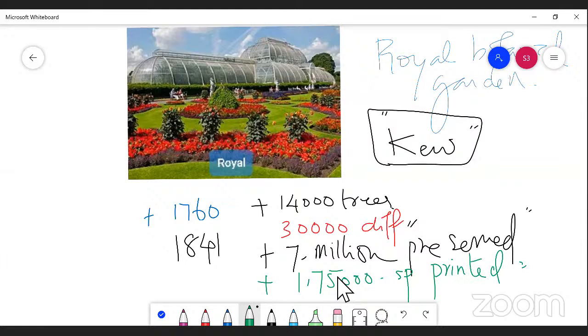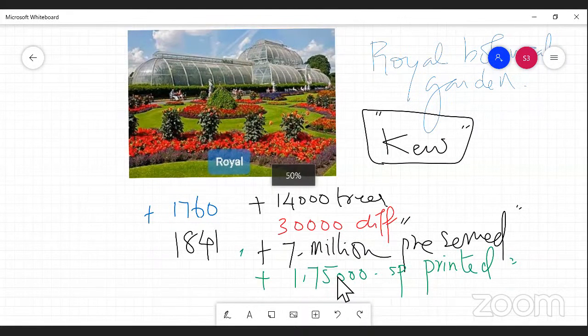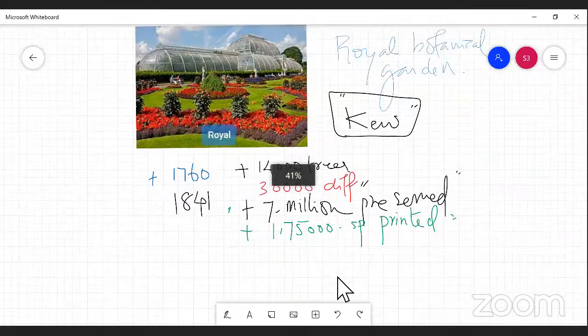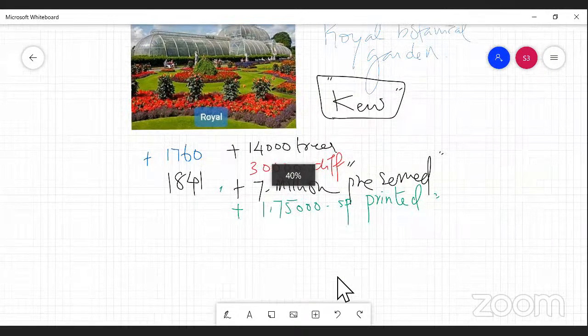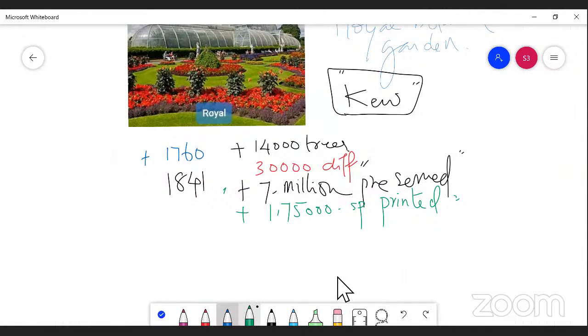Just imagine, printed documentation, right? All these 175,000 plant species are available printed along with the photographs, illustrations, catalogs, etc.